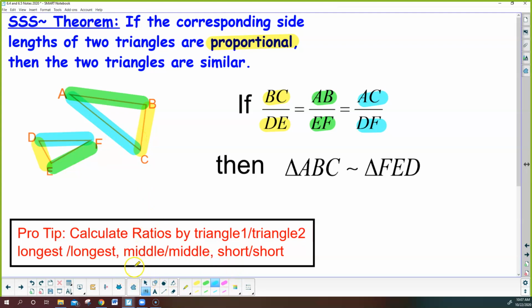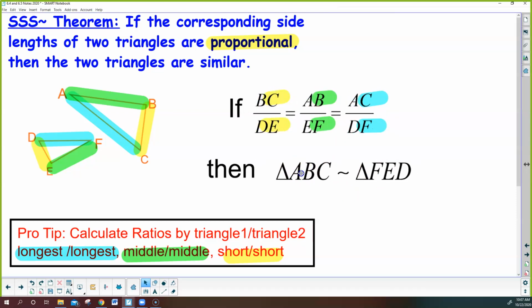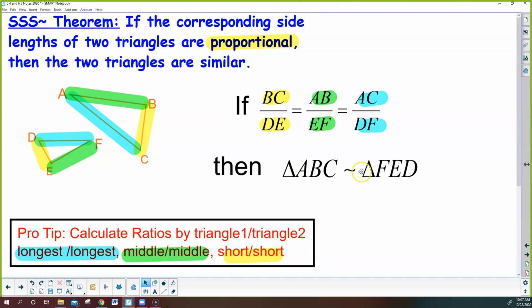So it works best if you compare long to long, middle to middle, and short to short. And that's the only way that all these ratios are going to be compared. So if these scale factors are all the same, which in our proof we will have to check, then our conclusion is the triangles are similar.